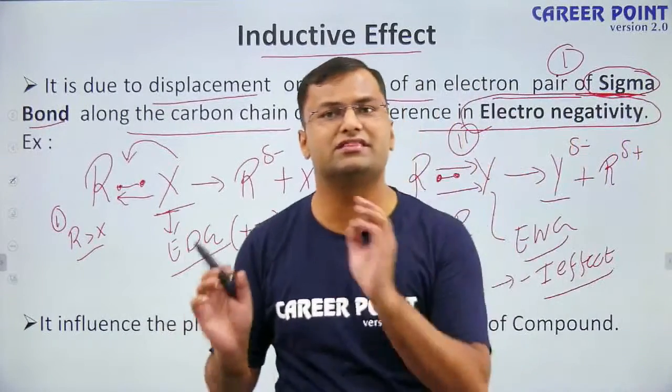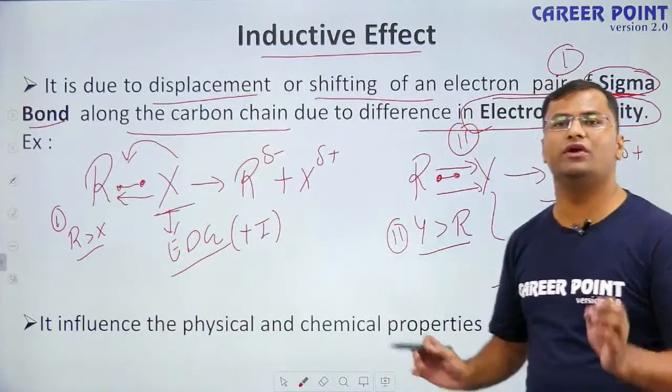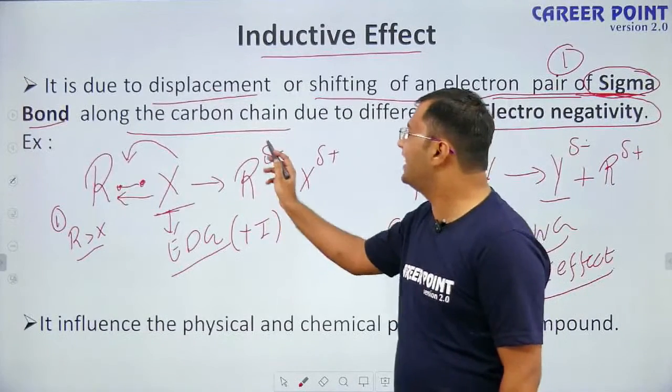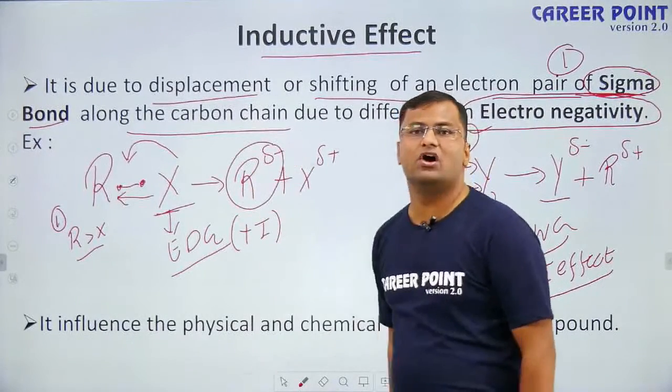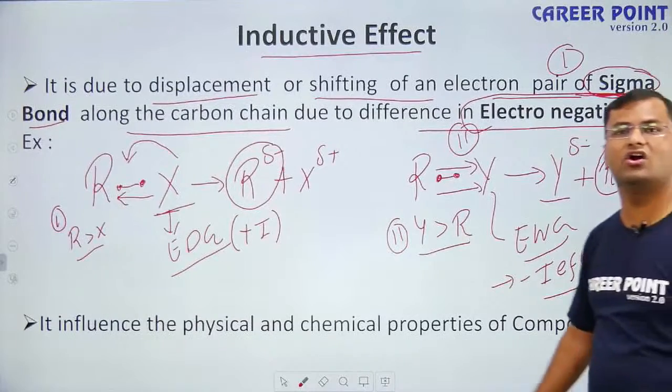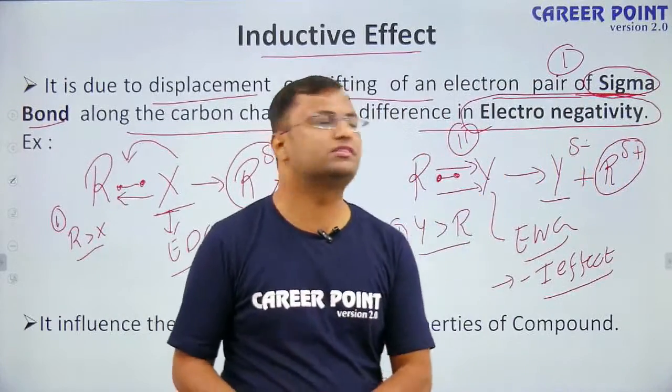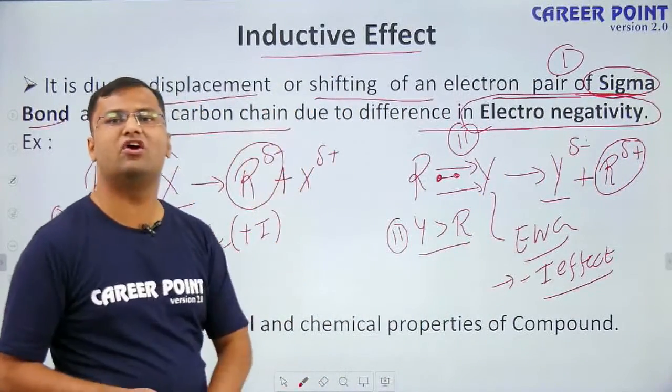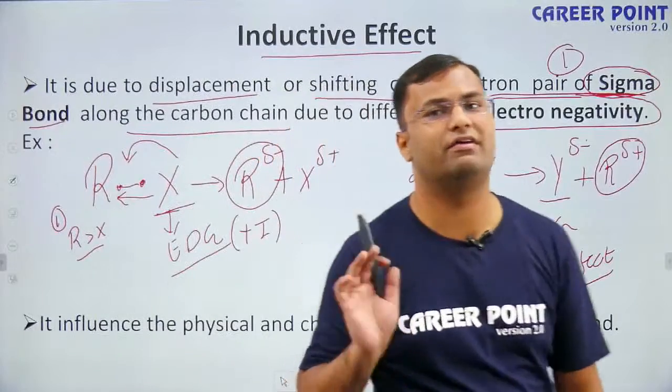Clear? This is the inductive effect, and due to inductive effect either a carbanion or a carbocation is formed. Clear or not? So this shifting of electron is called an inductive effect.